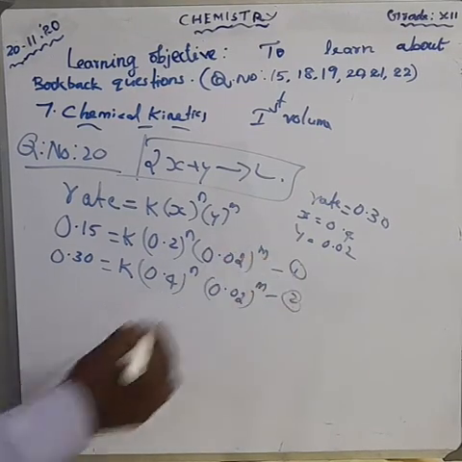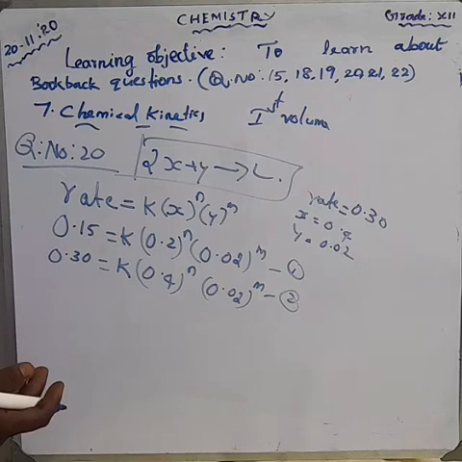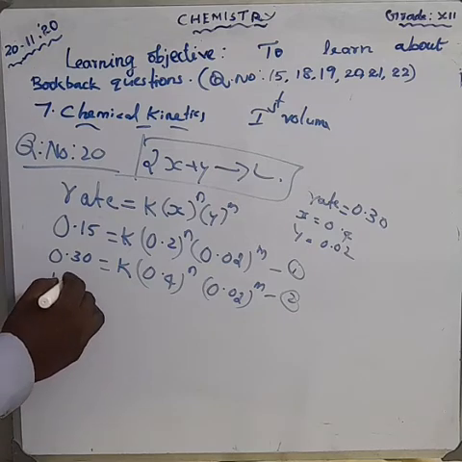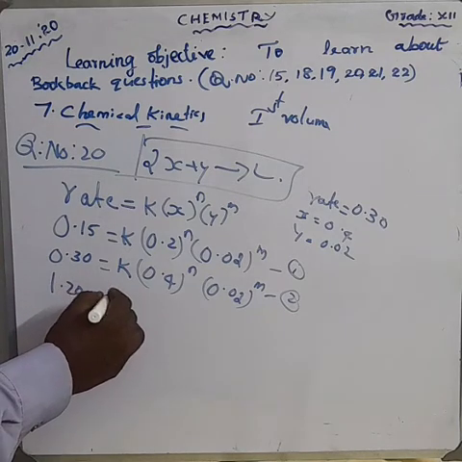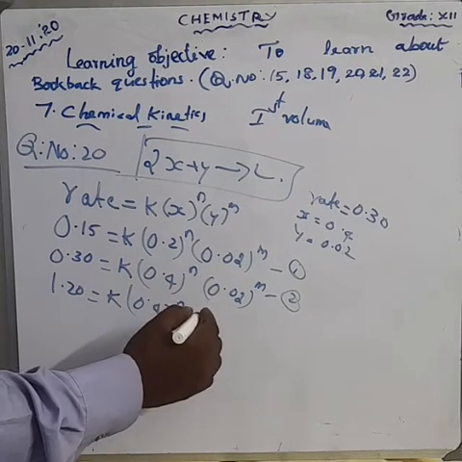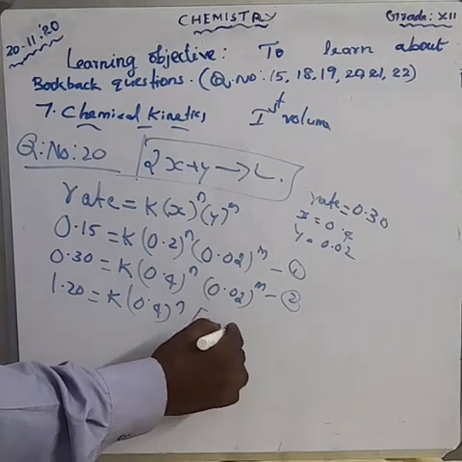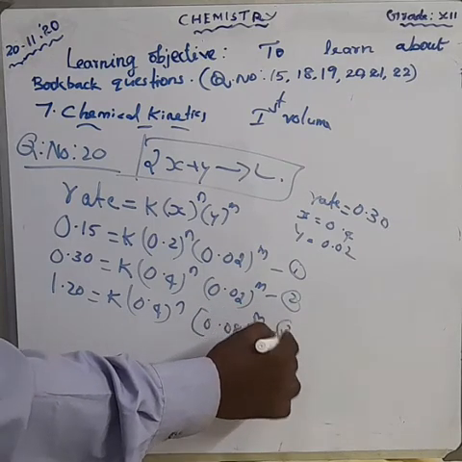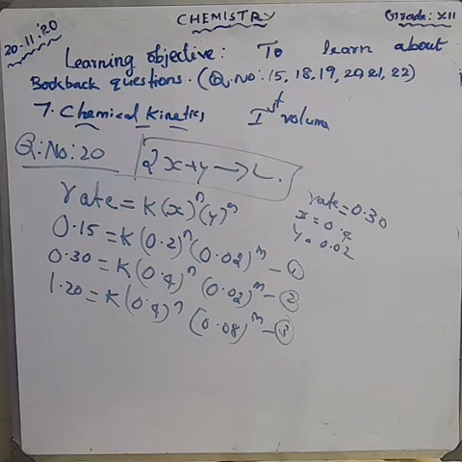This is equation number 2. Clear? And the data is also given in the tabular column for rate 1.20: k into 0.4 to the power n and Y value 0.08 to the power m. This is the third equation.